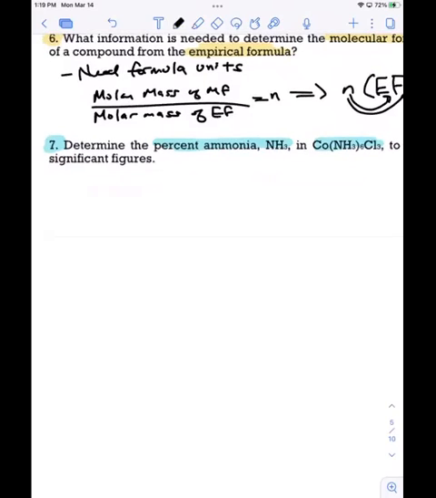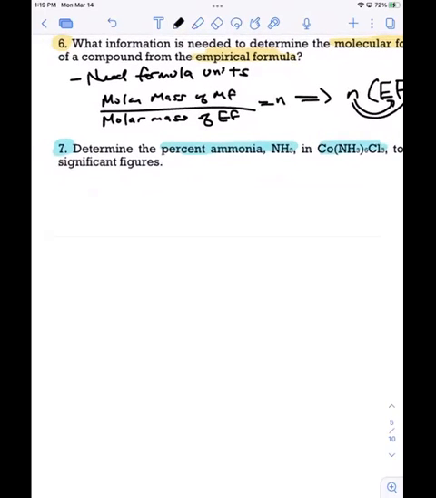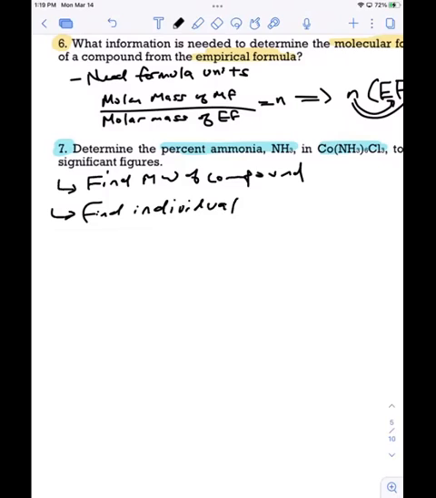So we solve it by first, sorry, a poem hit the screen. All right, first we have to find the molecular weight of the compound, and then we're going to find the individual percentages.